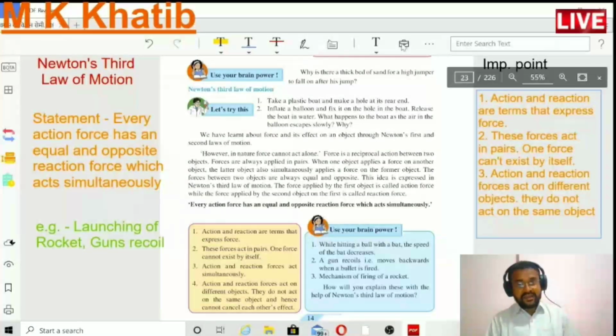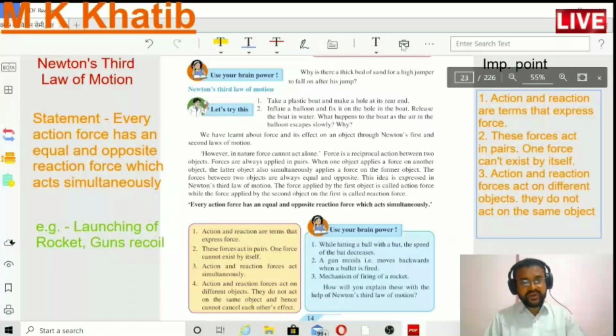This idea is expressed in Newton's third law of motion. Here, the force applied by the first object is the action force, while the force applied by the second object is the reaction force. With the help of these two, Newton states his third law.